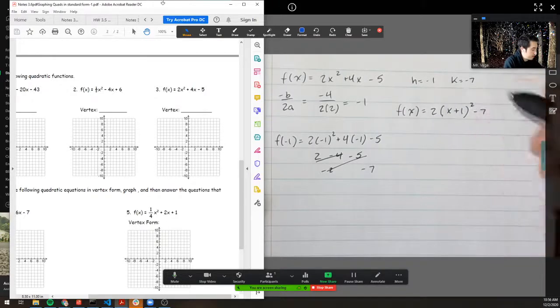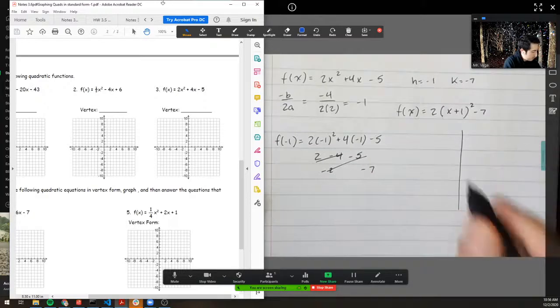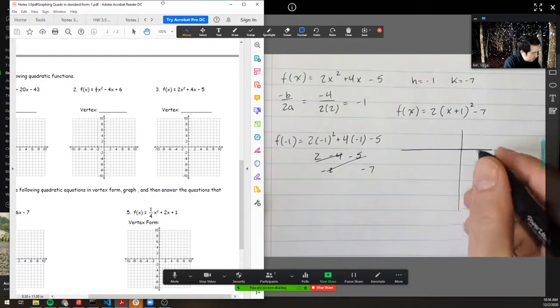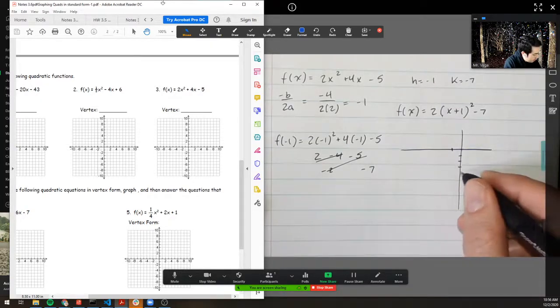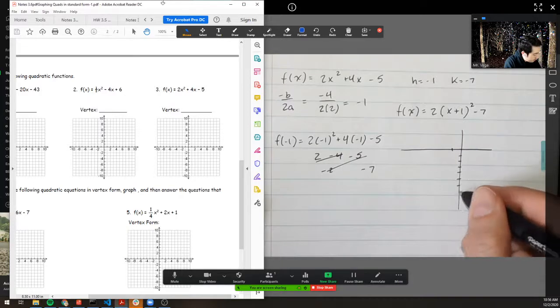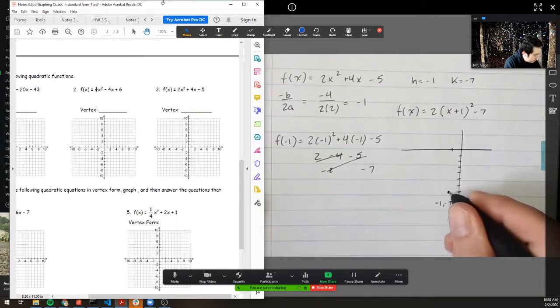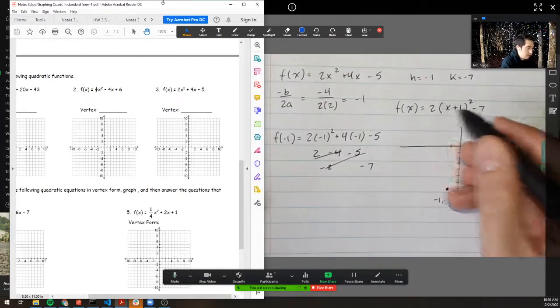The vertex is in the negative area, so I'm going to sketch it like this. So let's see. 1, 2, 3, 4, 5, 6, 7. There you go. That's the point. Negative 1 comma negative 7. There's your vertex. This is opening up because of the 2.